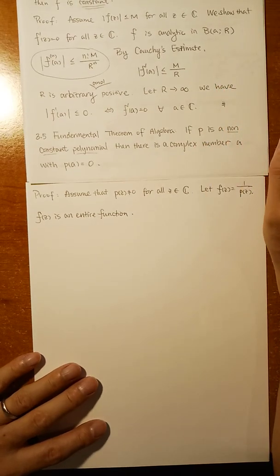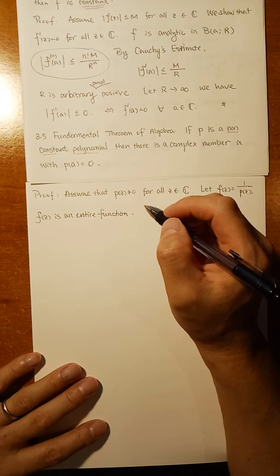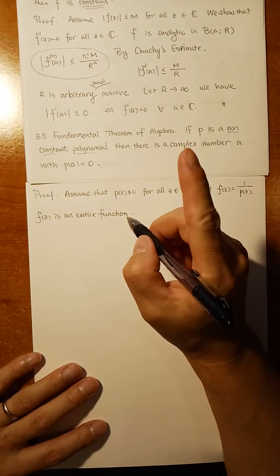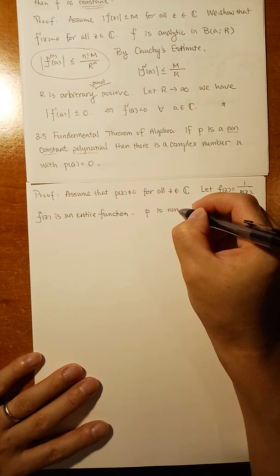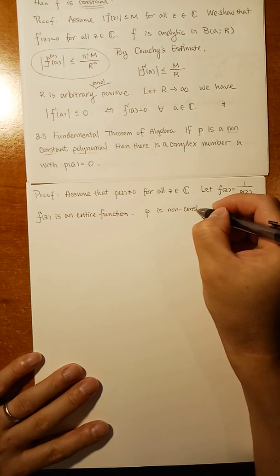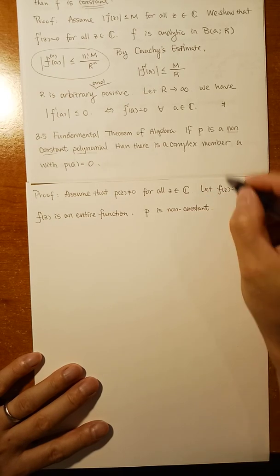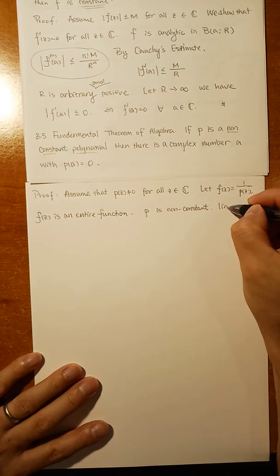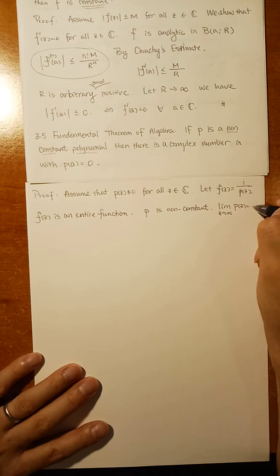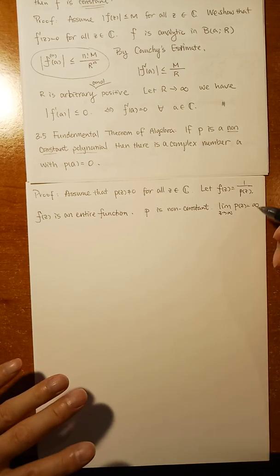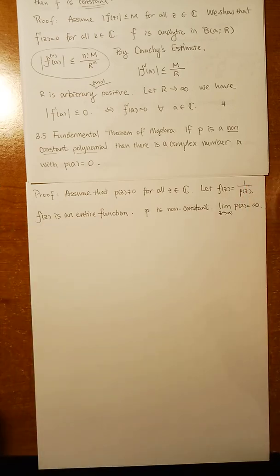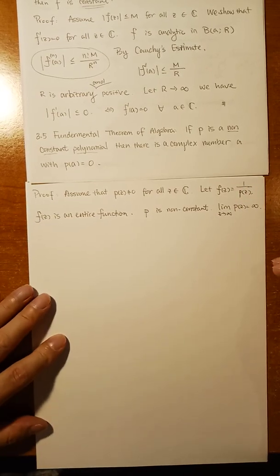Let's see. P is non-constant, then we already showed that as z approaches infinity, P of z goes to infinity. Here this infinity means the magnitude will approach infinity.